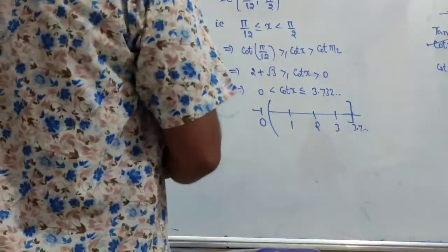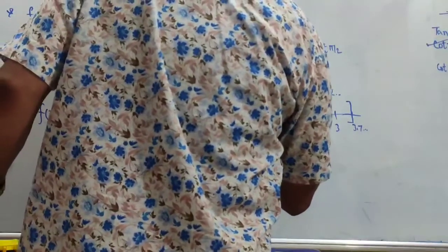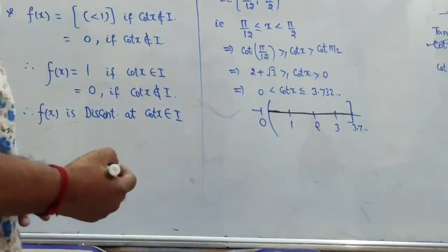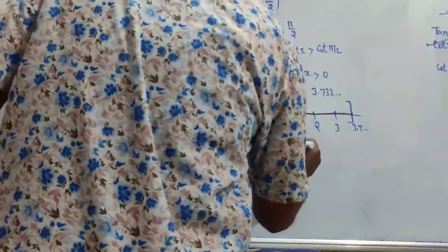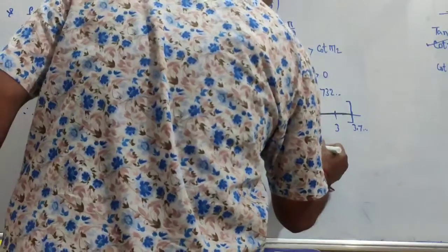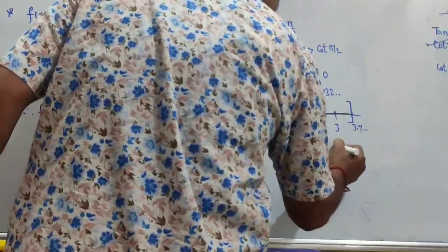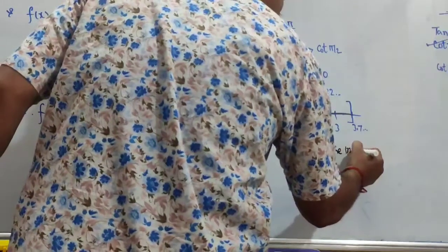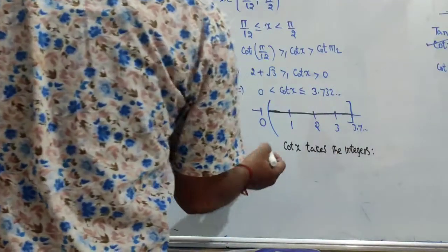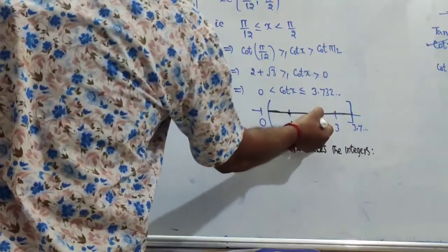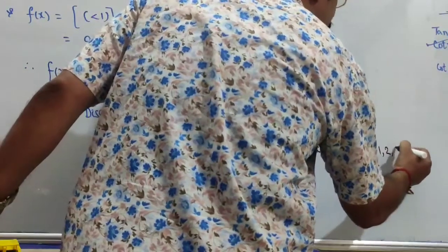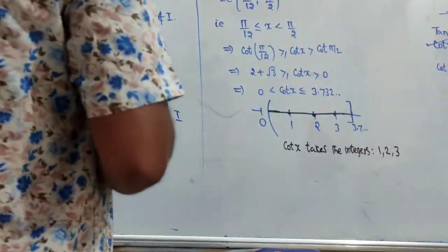So in this area, cot x takes the integer values 1, 2, 3.